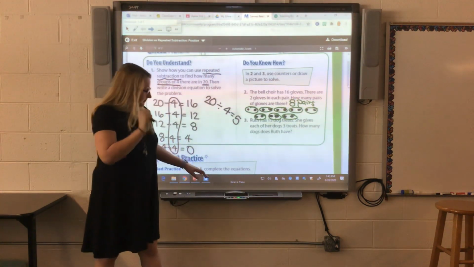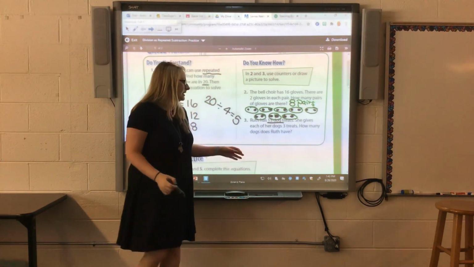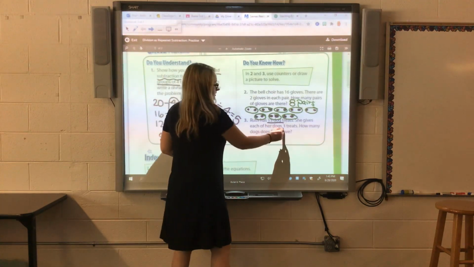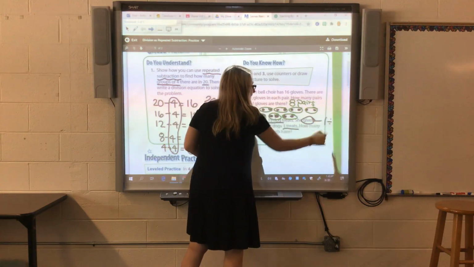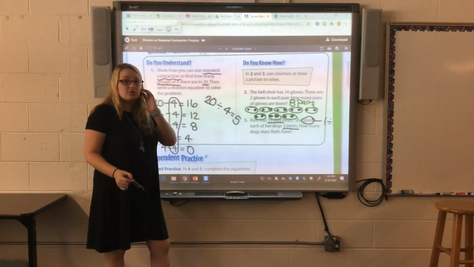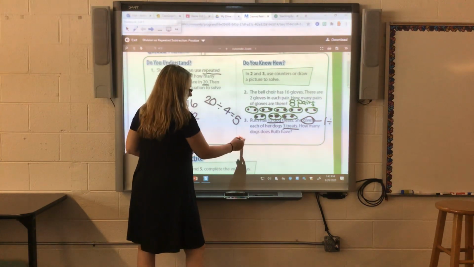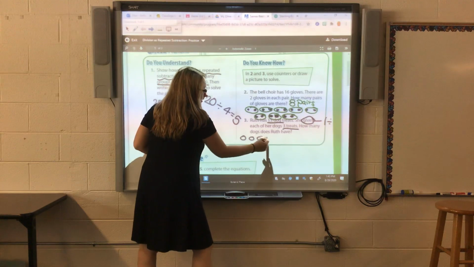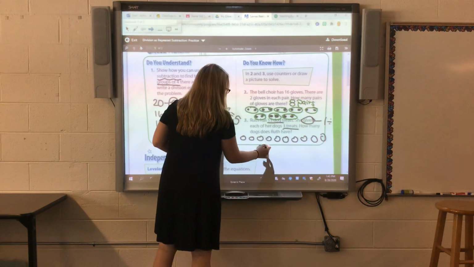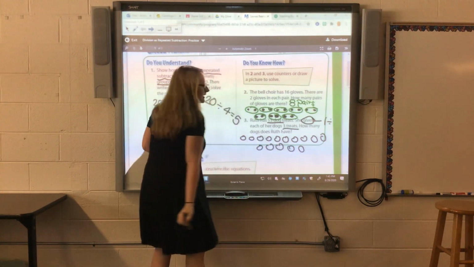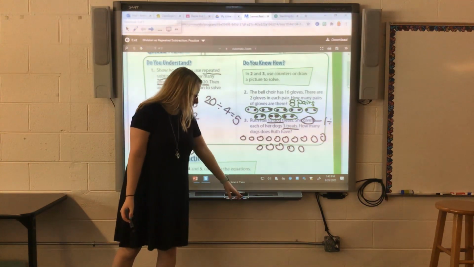Number 3 says, Ruth had 15 dog treats. She gives each of her dogs 3 treats. So she's giving them away. That means we're subtracting or dividing. How many dogs does Ruth have? So she has 15 treats, and she gives each of her dogs 3 of them.